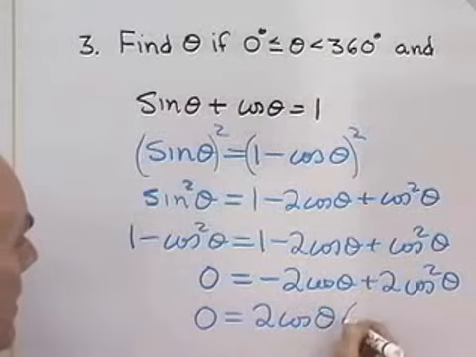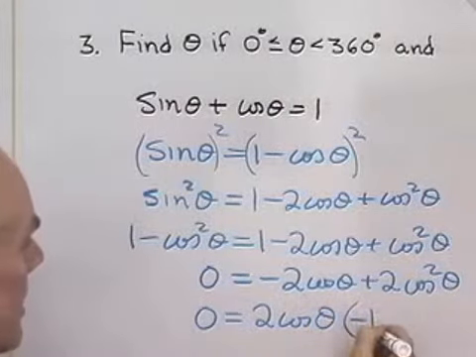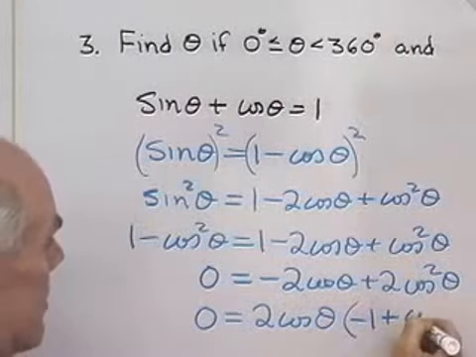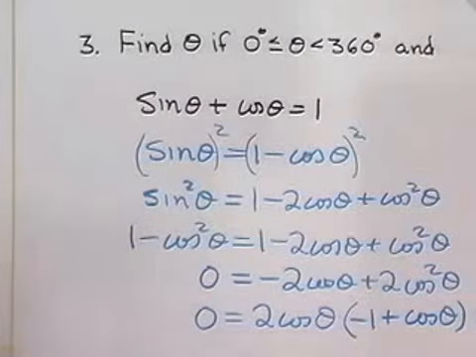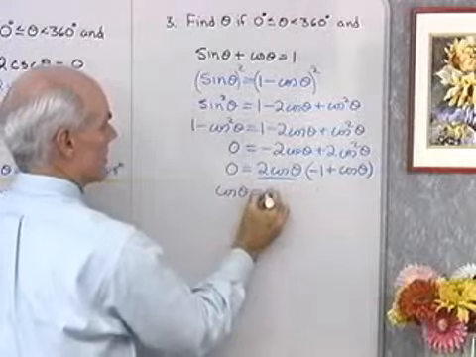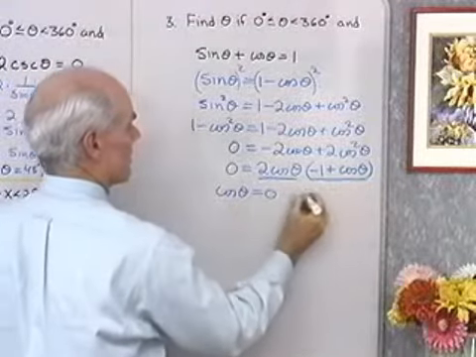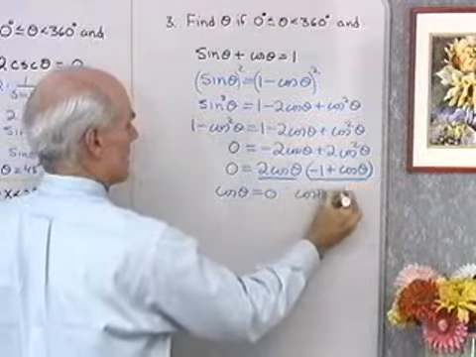So 2 cosine theta times what's left on this term is negative 1, and what's left in this term is cosine theta. When I set this factor equal to 0, I get cosine theta equals 0. When I set this factor equal to 0, I get cosine theta is equal to 1.